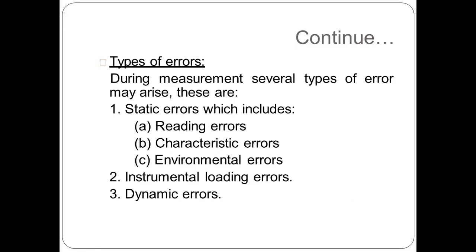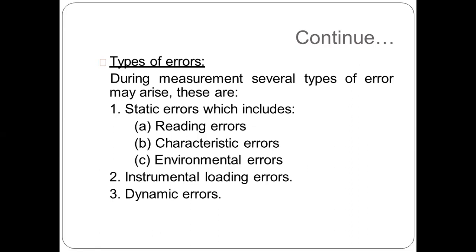But before that, you should also know what other different types of error occur. First, static error, which includes reading error, characteristic error, and environmental error. Second is instrumental loading error, and third is dynamic error. So there are three types: static, dynamic, and instrumental loading error.